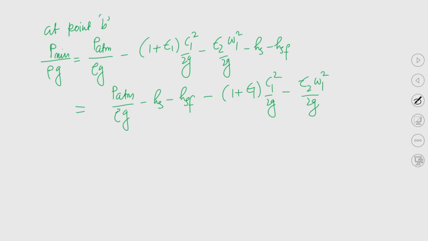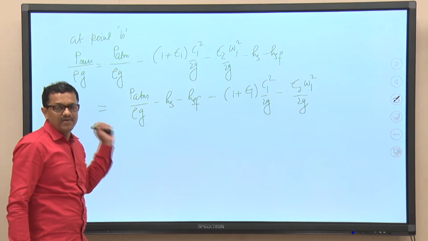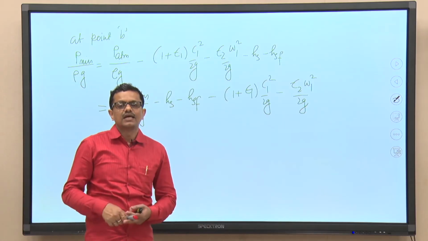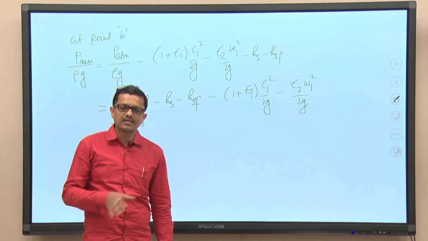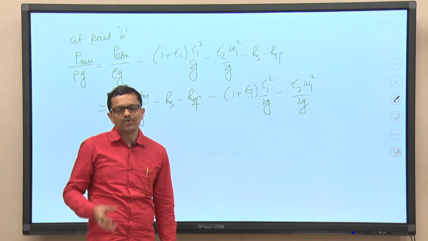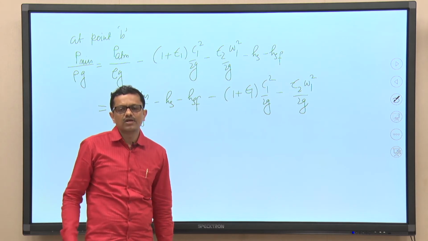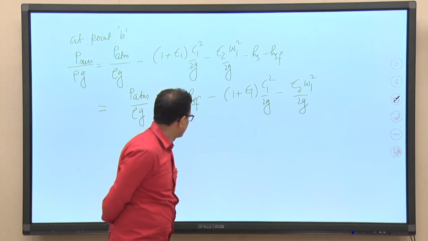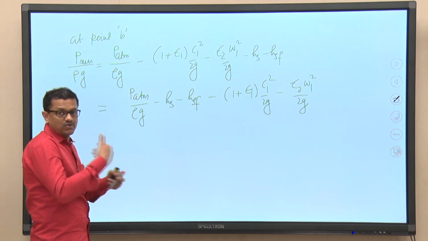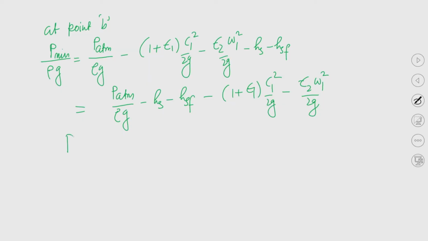Okay. So you can see, if this pressure P minimum is less than the vapor pressure at that prevailing temperature, we cannot ignore the formation of vapor bubbles and cavitation will occur. So for cavitation not to occur, P minimum by rho g should be greater than P v by rho g.